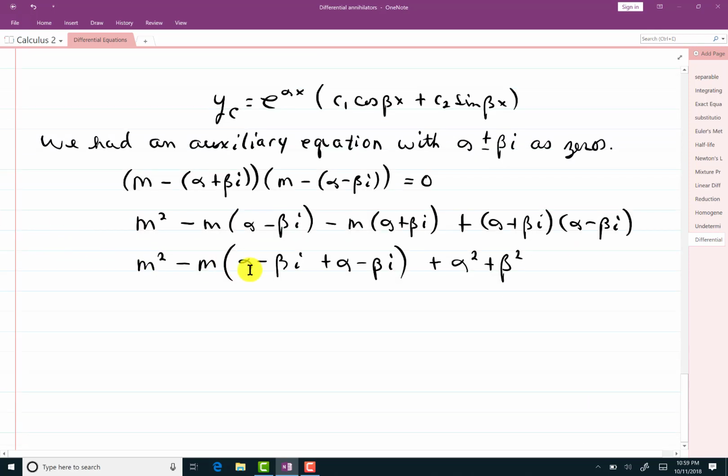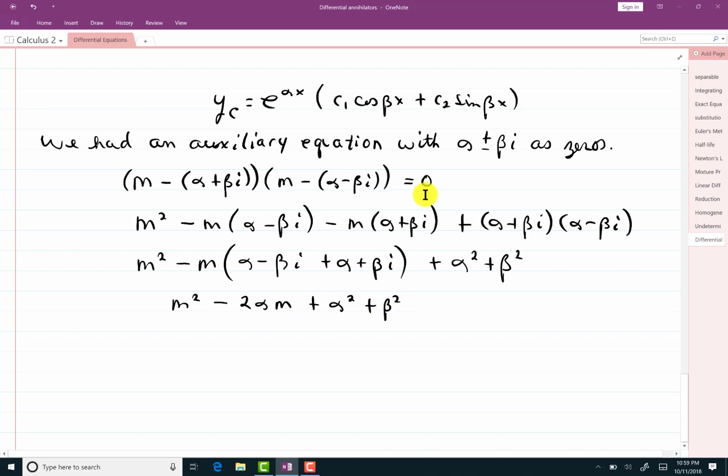The imaginary parts will cancel out and we'll be left with m squared minus 2 alpha m plus alpha squared plus beta squared.